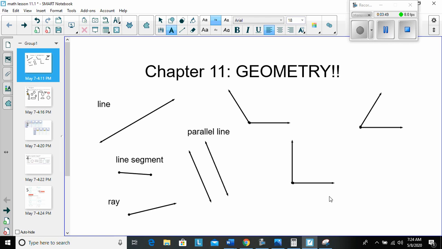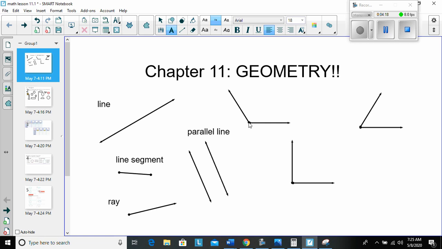But we can actually also call this an angle because these two lines are intersecting and they create an angle in between. Actually, all three of these are angles over here. They also kind of look like two rays meeting at a point. So here's a ray going this way, and here's a ray going this way. An angle is kind of like two rays meeting at a vertex.